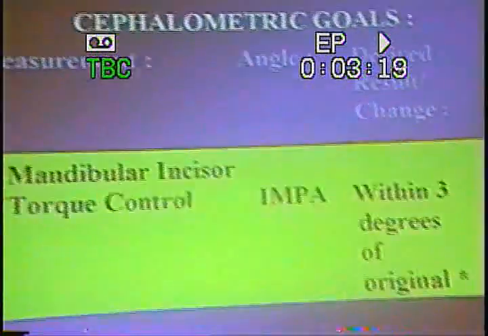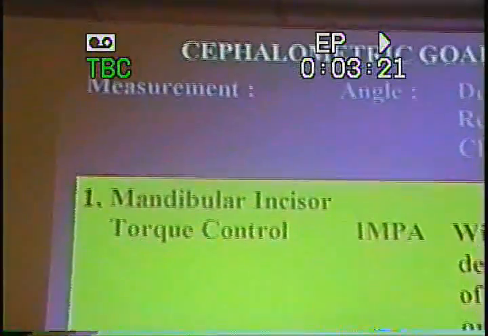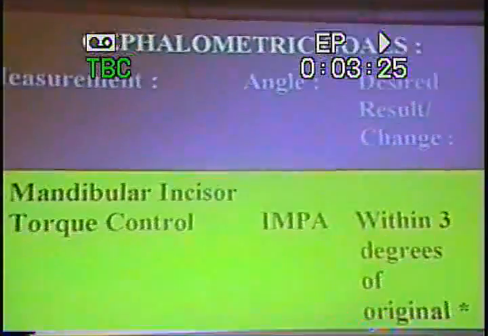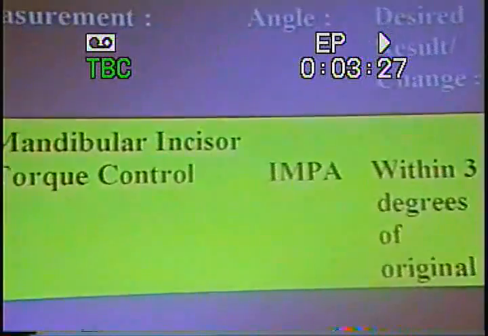What are the goals for these measurements? Okay, number one, I go back to my Tweed background, IMPA. That's the best thing I learned from the Tweed technique, is lower incisor position. IMPA should be within 3 degrees of its original position.